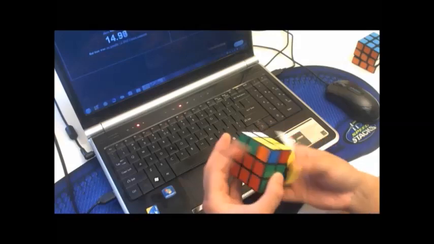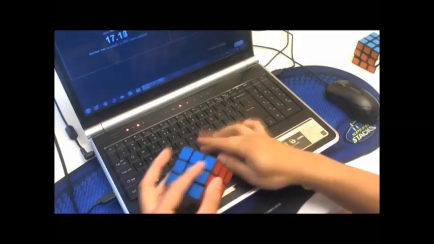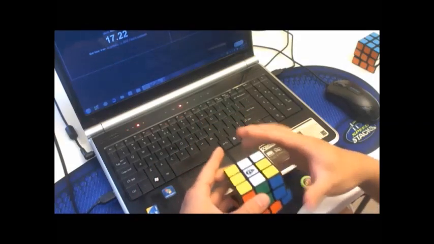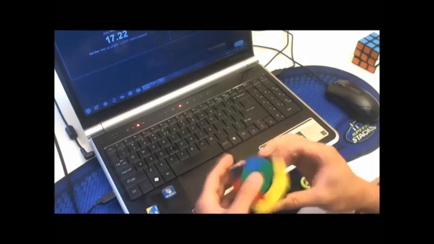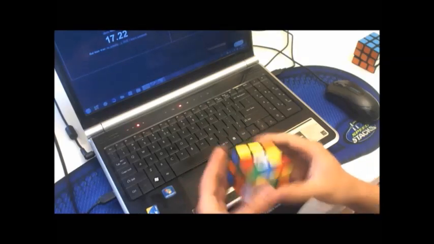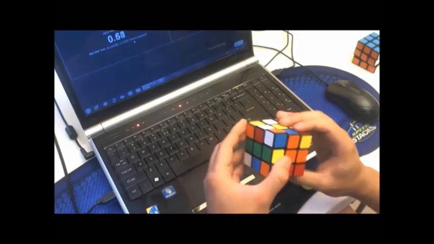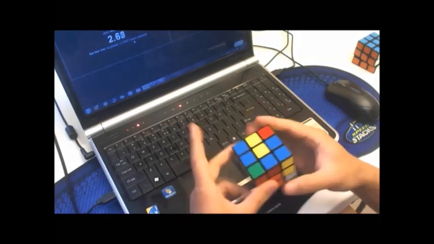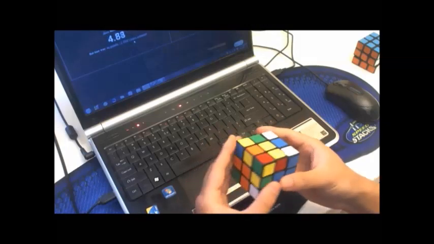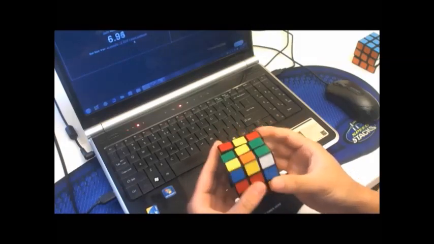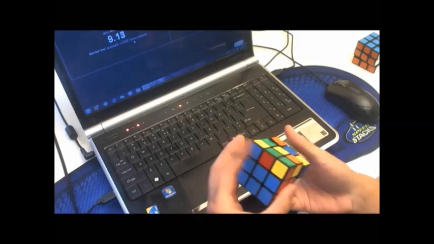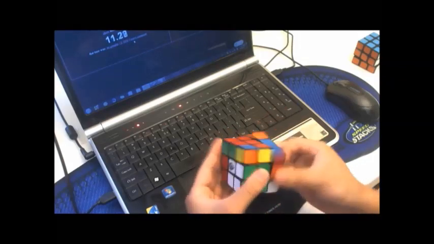And there is one solver that I'd really like to mention that does this very well. His name is Andy Smith. He is a sub 10 solver. I'm pretty sure he's also sub 9. I was watching him last week and he was just excellent, and he spends at least 11-12 seconds during inspection every time, and he says that he can see a lot farther into the solve.